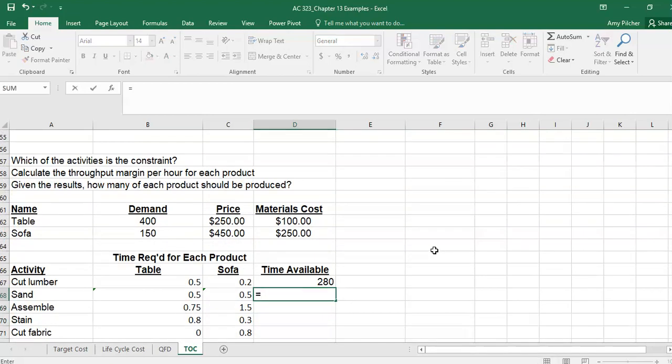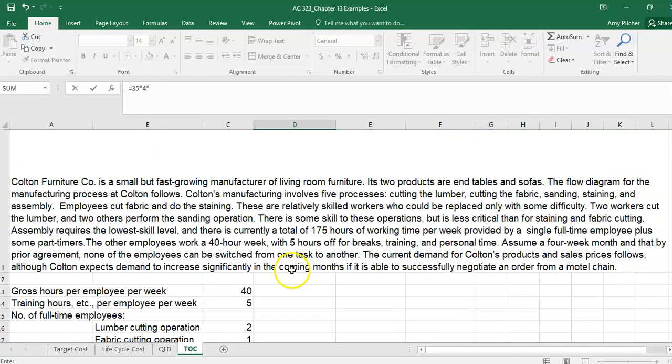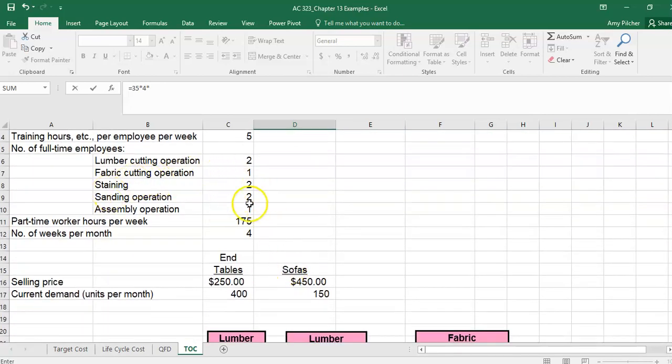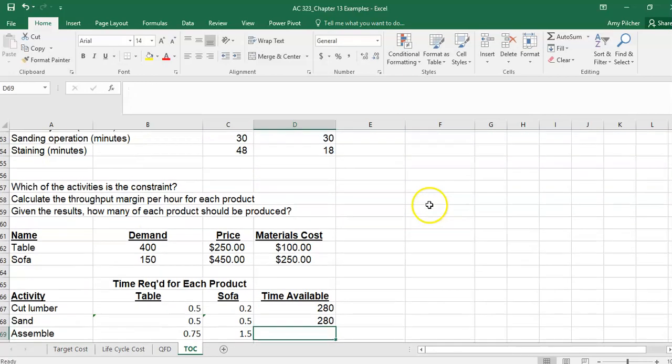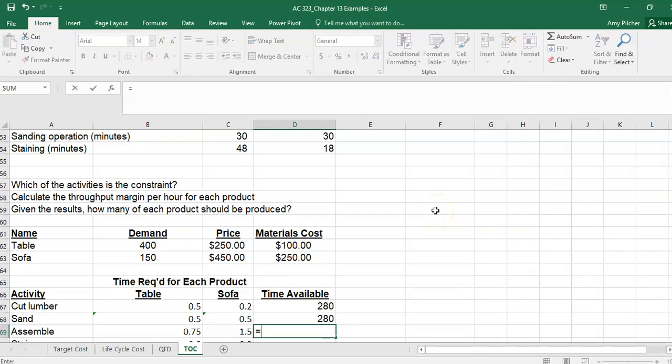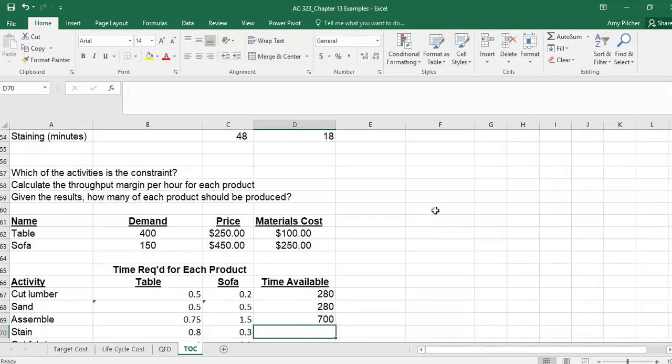For sand, we have 35 hours a week times 4 weeks a month times 2 people sanding. For assembly, we were told that we have 175 assembly hours a week times 4 weeks per month.